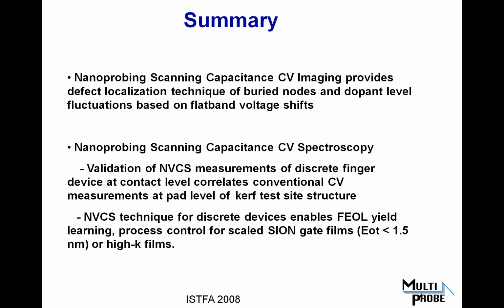And we have to be sensitive to the idea that we have a method for measuring those fluctuations. So we validated the NCVS measurements compared to a test site structure, and that we also see that NCVS techniques will be applicable to discrete devices on both scaled gate oxide films as well as high K dielectric type films. This is, of course, a huge improvement over our techniques that we've traditionally employed.